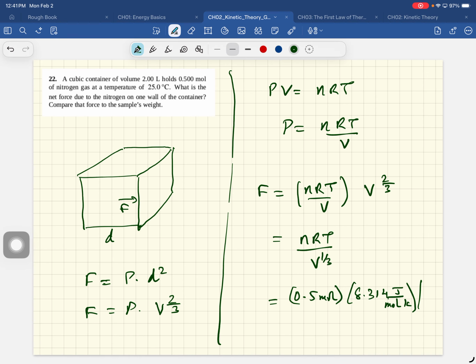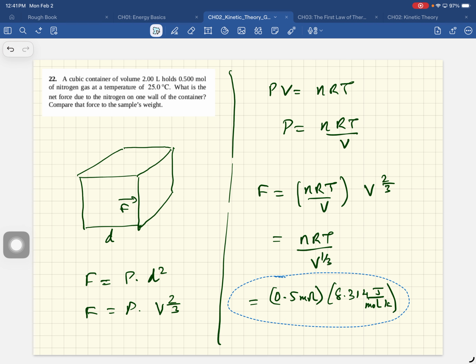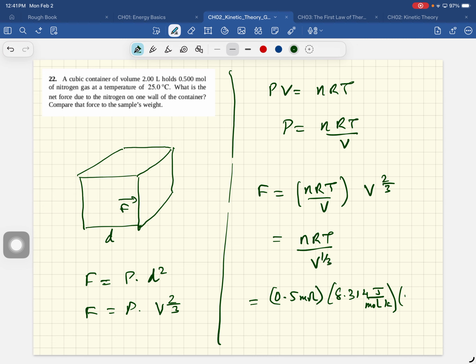The temperature is 25, so 298 Kelvin. And then the volume is 2 liters. A liter is 10 to the minus 3 meter cubed, to the power 1/3.